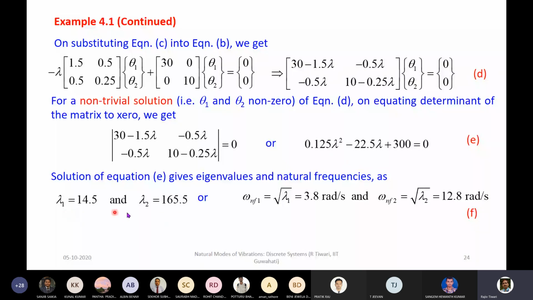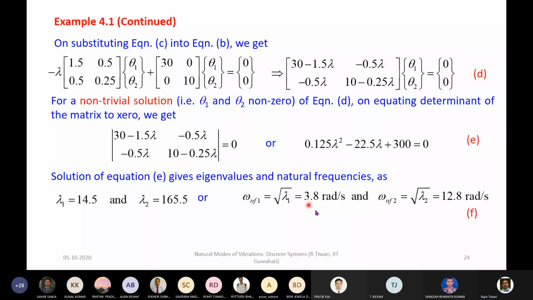Now these are the eigenvalues, and how do we relate the eigenvalues with the natural frequency? Basically, the square root of the eigenvalues for this particular case will give us the natural frequency. If we take the square root of these two, we get the first natural frequency 3.8 radians per second. The second is 12.8.